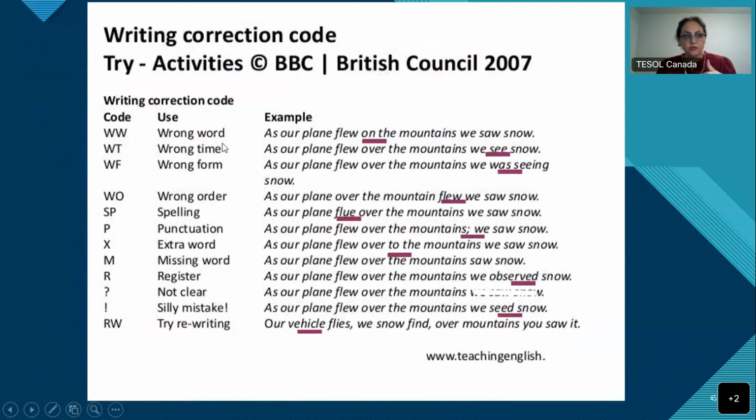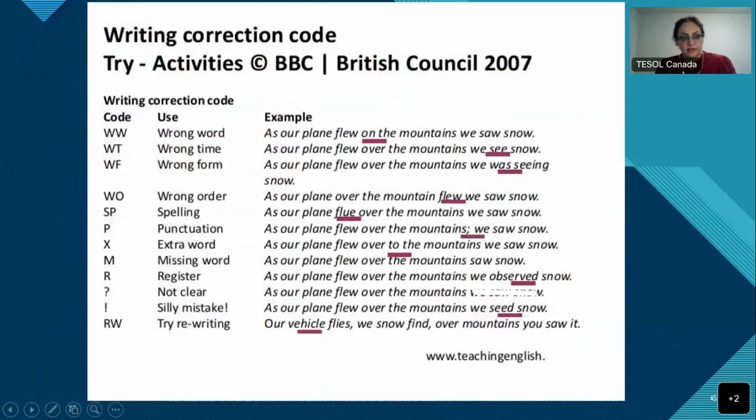So when you say wrong word, say, as our plane flew on the mountains, we saw snow. That's the wrong word. It's over the mountains. Or wrong tense: we see snow. No, it's past tense, wrong tense.